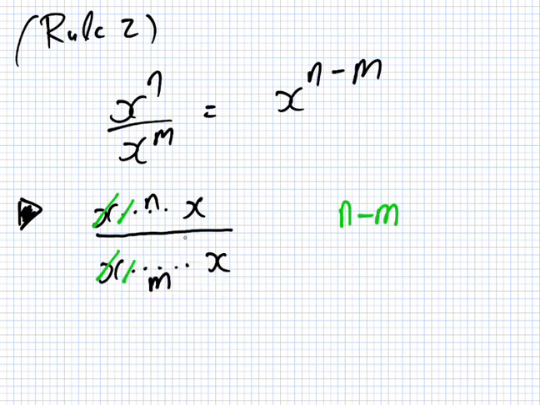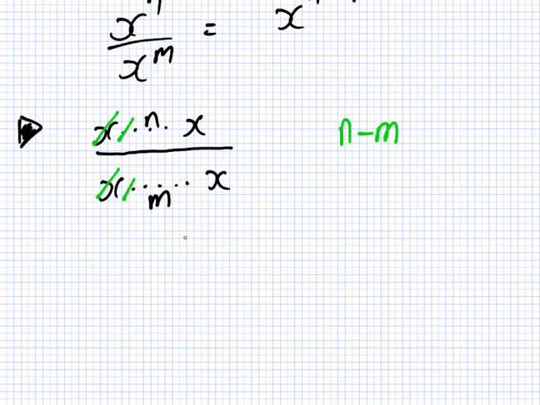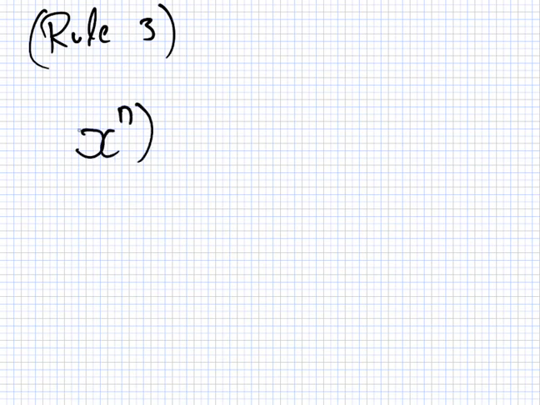Okay, have you got the second rule? Yep. Okay, so rule 3. x with a power, and then to power again. Does anyone know what happens here? Very good, they multiply, yeah. So, n multiply m.